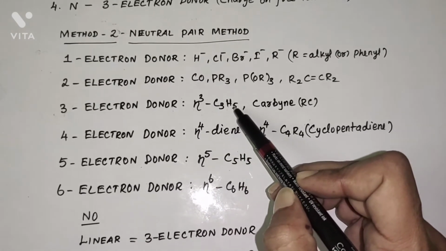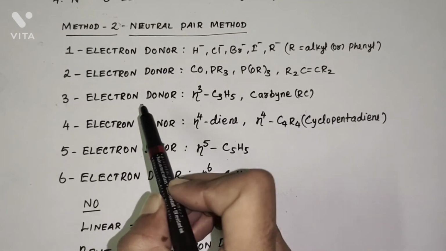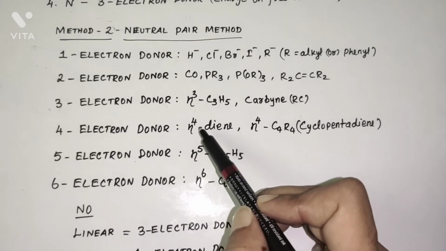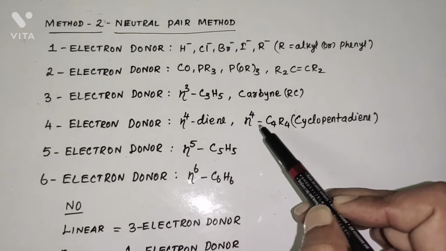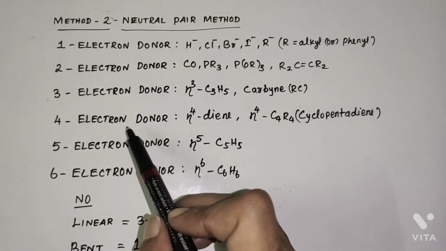Triapto C3H5 and carbynes are 3 electron donors. Tetraapto dienes and tetraapto cyclopentadiene are 4 electron donors.